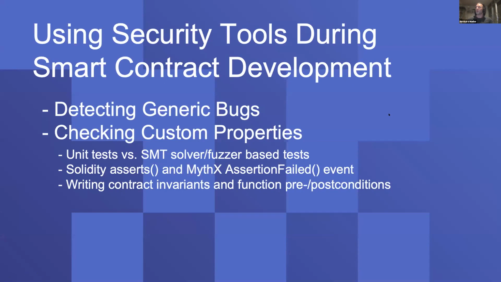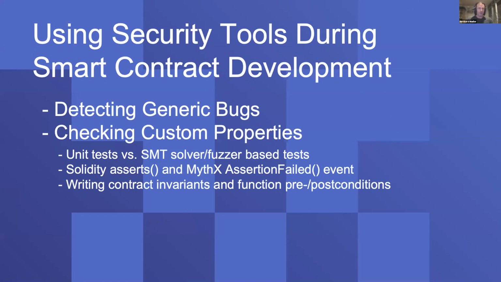In this webinar, I'm going to talk about 2 things mainly. The first one is detecting generic bugs in smart contracts, and the second one is checking for custom properties. That's probably the more interesting one.